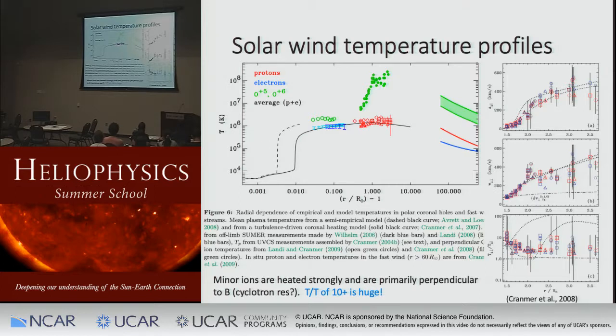Okay, we can also infer remotely and in situ into the heliospheric altitudes something about the heating, right? So if we look at the widths of spectral features in line emission, we can make remote sensing inferences about the temperature, both parallel and perpendicular to the magnetic field, if you know something about the orientations, and we can measure the temperatures of minor ions in the inner heliosphere.